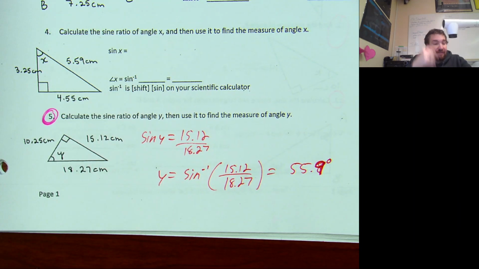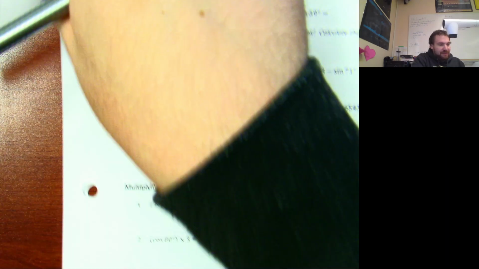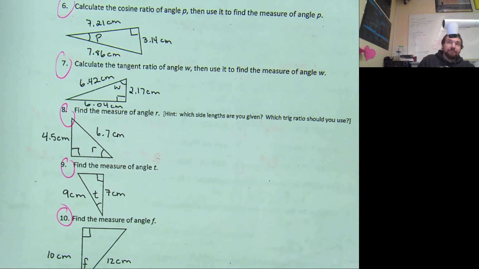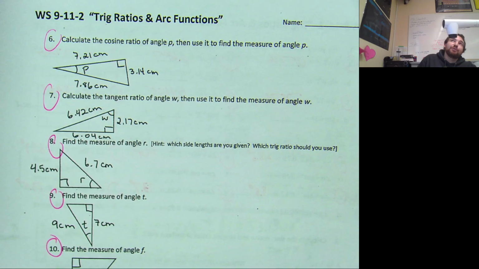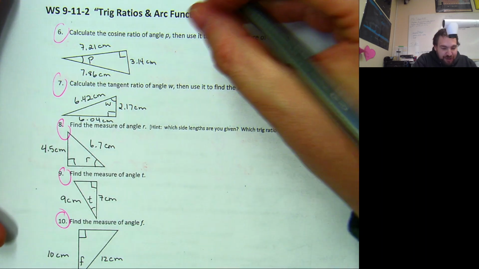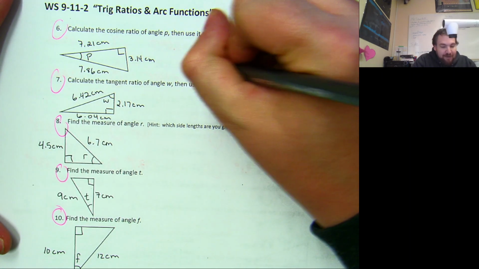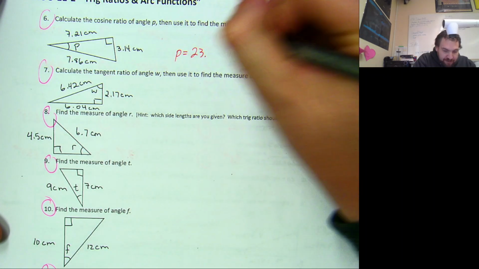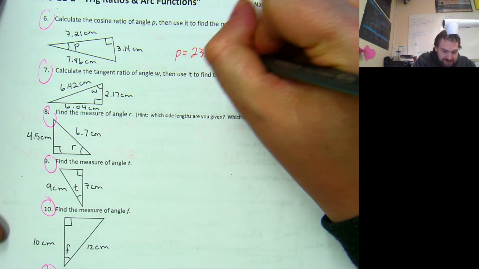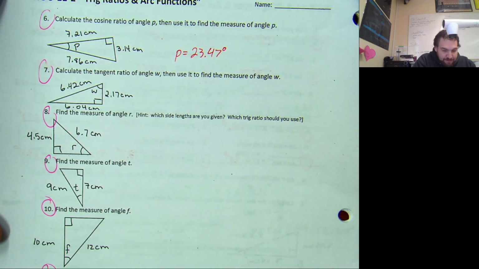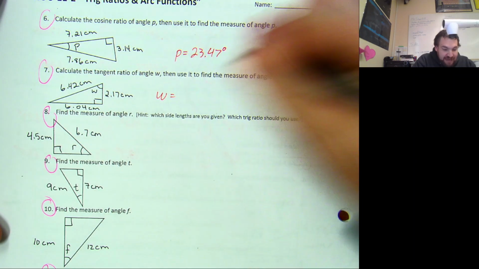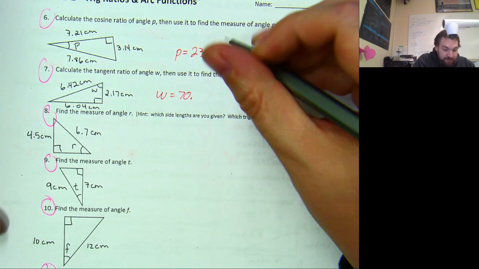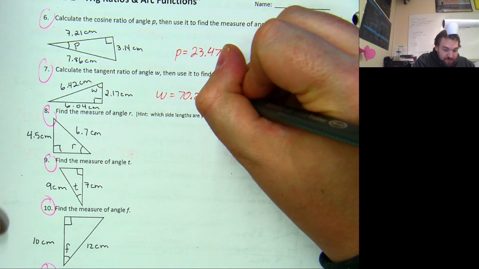Okay. Flip the page. I assigned you a whole bunch of these. Yep, this is on there too. Let's just go straight to the measure of angle P. How big is angle P? 23.47. I'll leave it to 2 decimal places. W is 70.24.